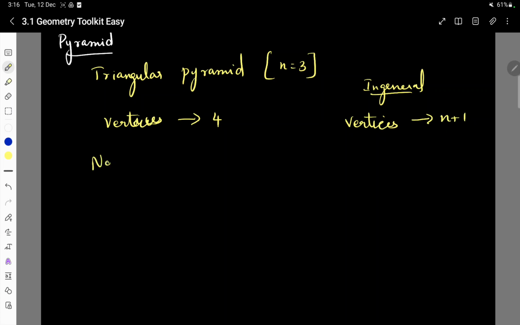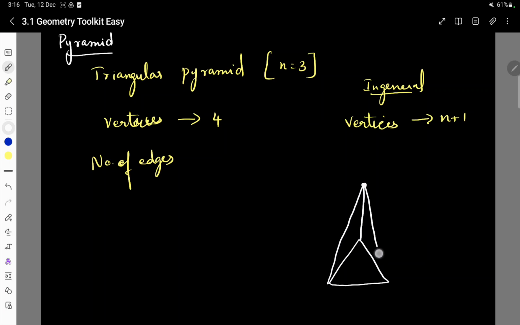And number of edges. I'll draw the diagram here also. One triangle like this, and here one point. From this point we have to join everything like this. So the vertices, if we count 1, 2, 3, whatever we have in the base plus 1.